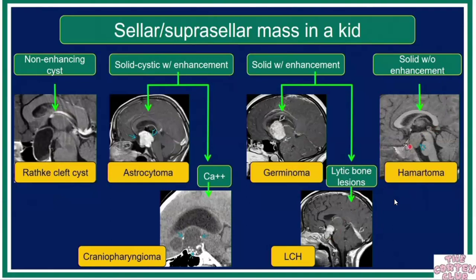And then if I see a solid lesion that does not enhance at all and is associated with gelastic seizures, then I think of a tuber cinereum hamartoma. So this is sort of a broad differential of sellar or suprasellar lesions in the pediatric age group.